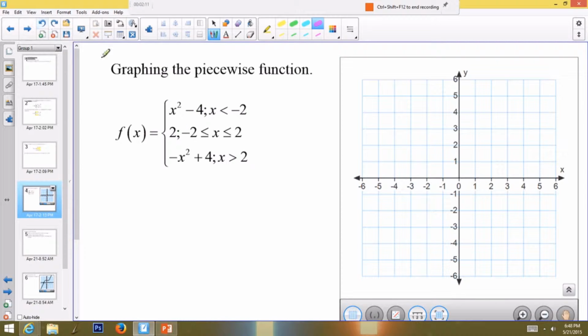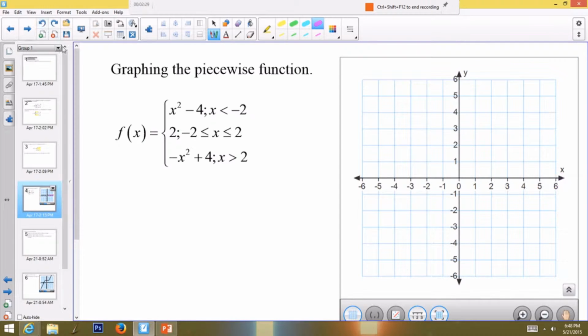And then when I plug in values from negative 2 to positive 2, I'm going to use this constant rule. And then when I plug in values for x that are greater than 2, I'm going to use this last rule right here.